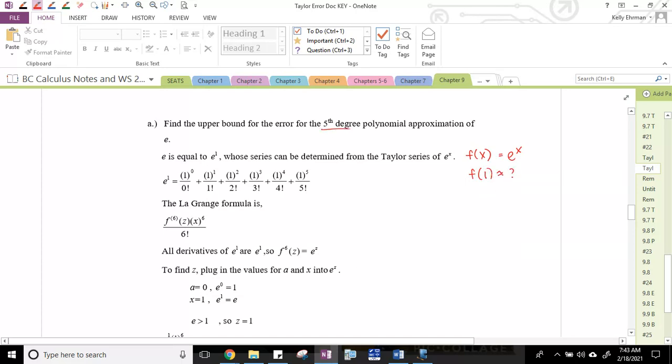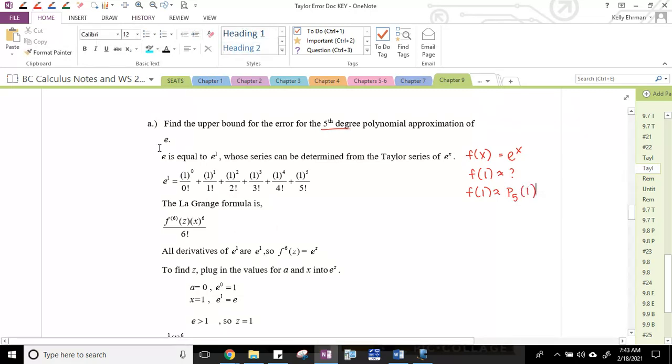It says we're going to use a 5th degree polynomial. So we're going to approximate f of 1 by using the 5th degree Taylor polynomial. Oh no, 5th degree, sorry. Approximation of e, and we'll plug 1 into that.